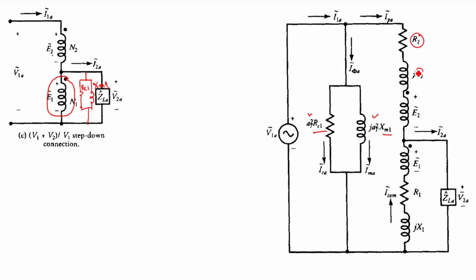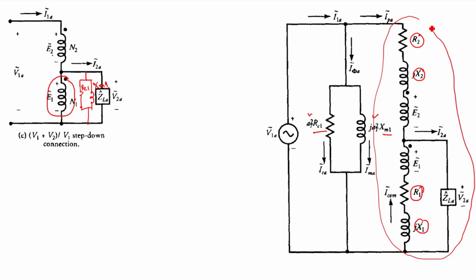Your R2, X2 are associated with the N2 winding, and R1 and X1 are associated with the E1 winding, right? And obviously your V2A and ZLA will be there. So now this part is your secondary side.